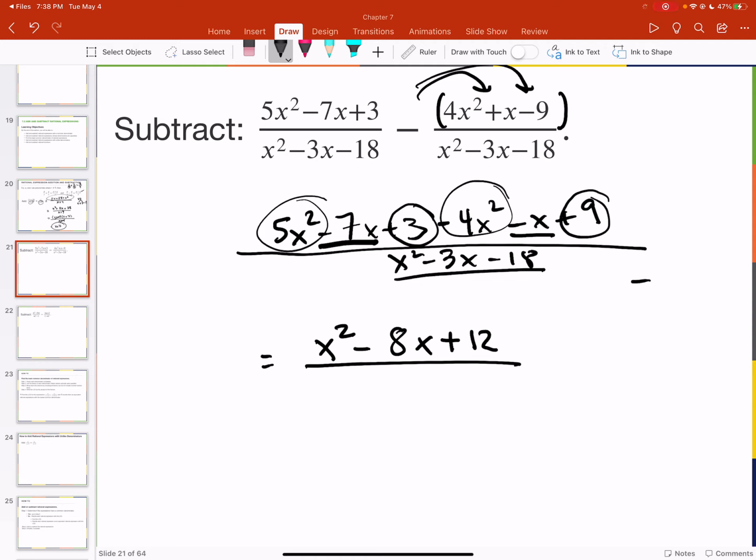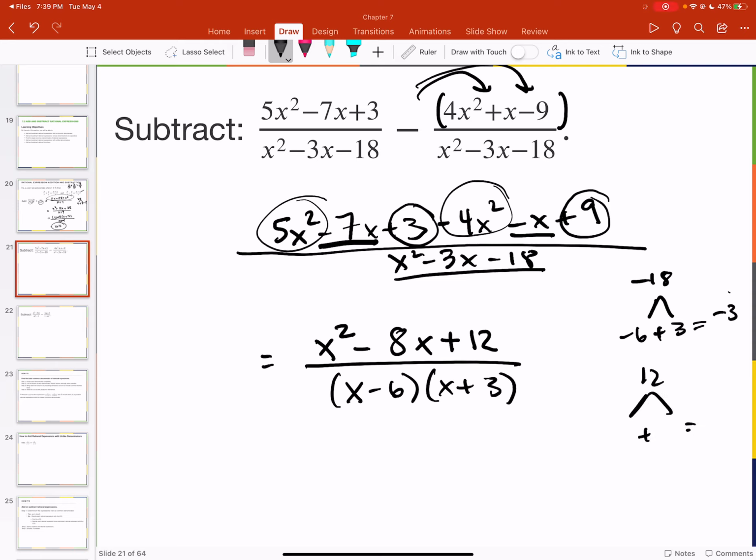Now, are there 2 factors of negative 18 that when combined give me negative 3? Yes. So let's go ahead and factor that. So (x - 6)(x + 3). And then on the top, 2 factors of a positive 12 that when I combine them, I get negative 8. If you said negative 2 and negative 6, you are correct.